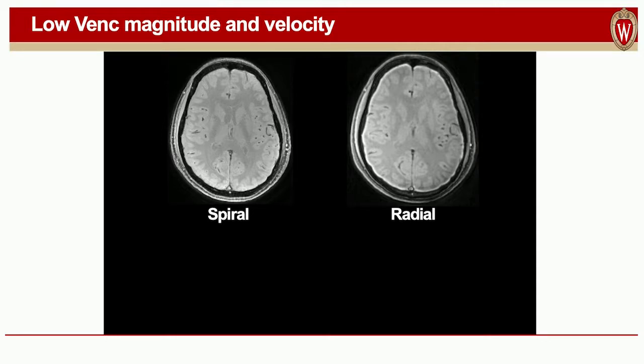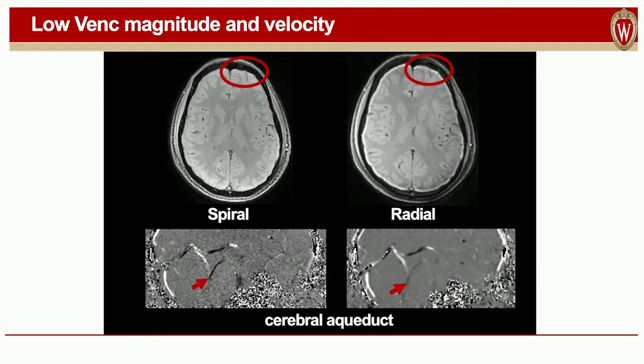If you look closely at the magnitude data from the spiral readouts, you can see that there is higher vessel depiction and conspicuity in the brain parenchyma compared to the radial readouts, which look a little bit more blurred. However, if you look at the edges of the brain parenchyma on the spiral images, you can still see some of those off-resonance chemical shift effects from the subcutaneous fat that lead to some blurring at the edges of the brain.